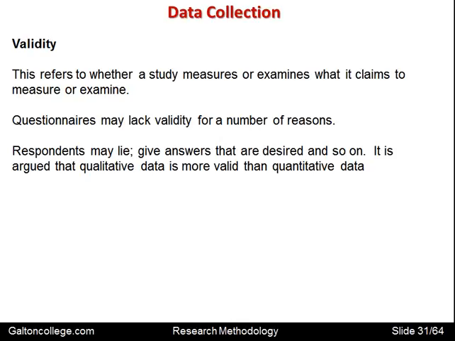Sometimes they mislead by simply not thinking about the question in detail and giving an inaccurate response. But whatever, if that happens, the survey is checking something else. So the validity of the exercise comes into question. Is it a valid survey? Now, valid means it should do what it says it's going to do.